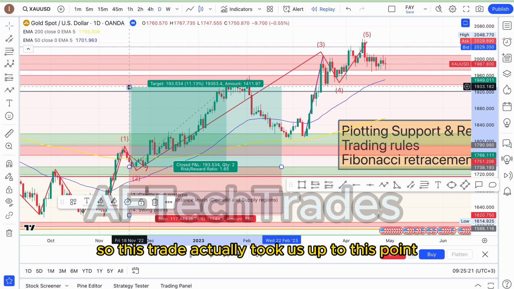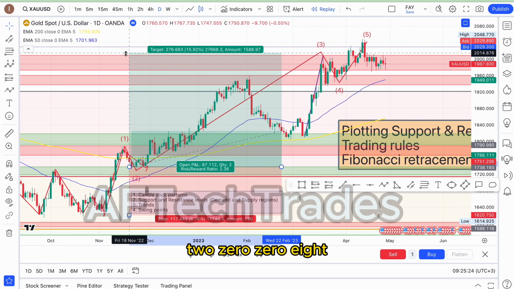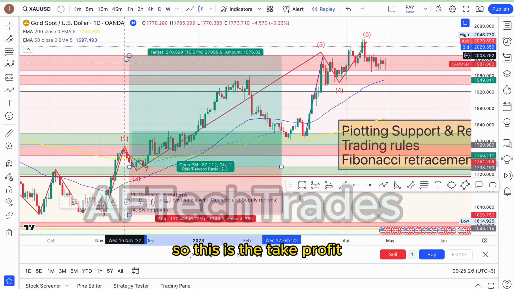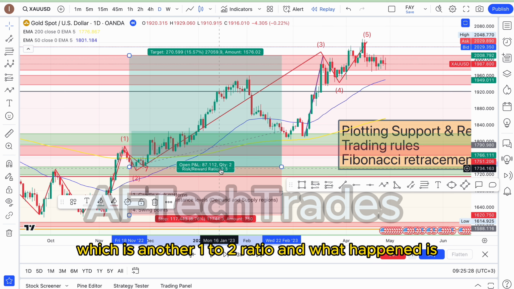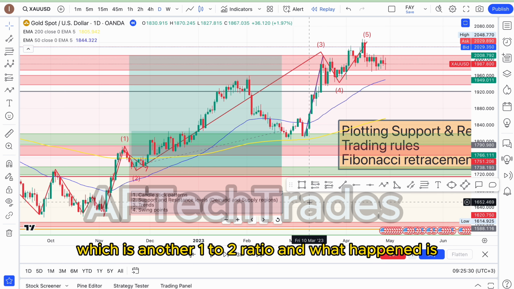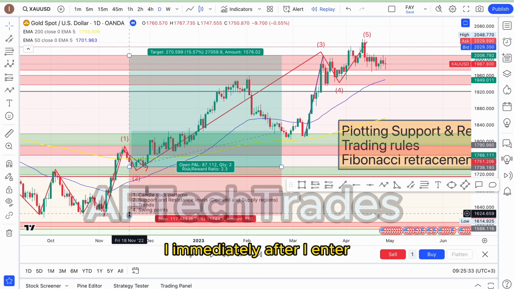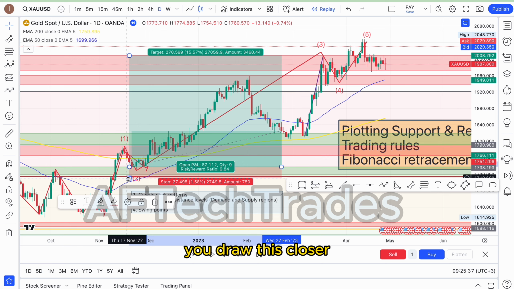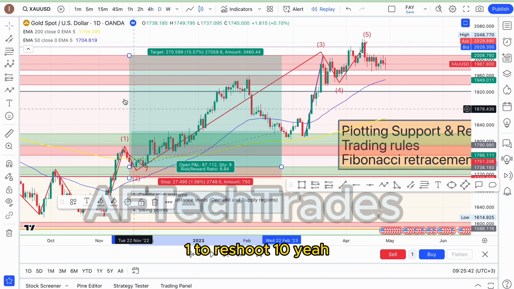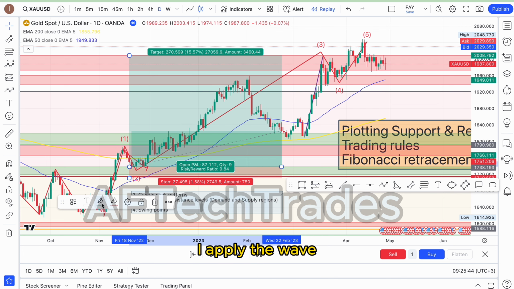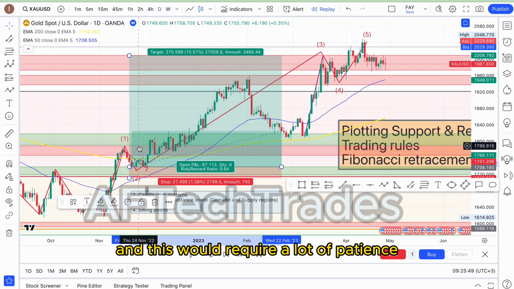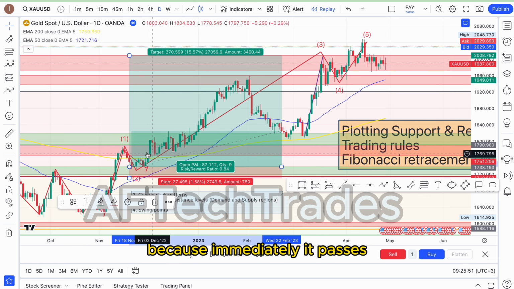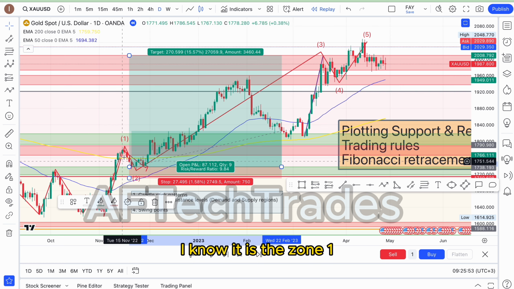So this trade actually took us up to this point, 2008. This is the take profit, which is another 1-to-2 ratio. Immediately after I enter, you begin to draw this closer, almost 1-to-10, because I apply the Elliott wave theory, and this requires a lot of patience, because immediately it passes, I know it is the zone 1.